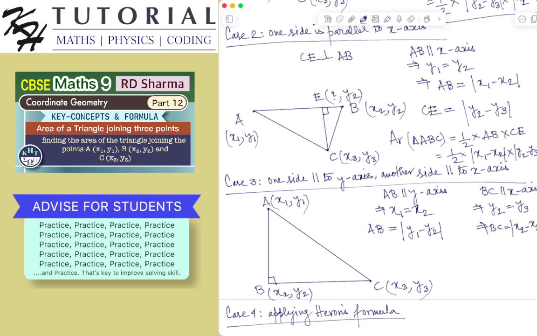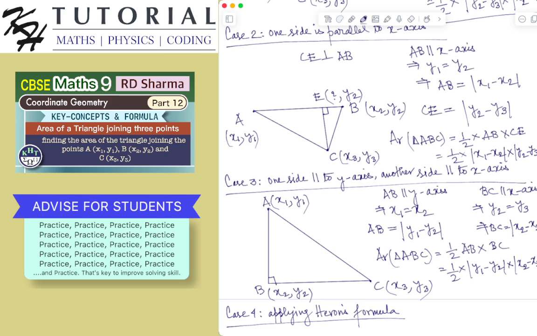So then the area of the triangle ABC will be equal to half into AB into BC, which will be half multiplied by the absolute value of y1 minus y2 multiplied by the absolute value of x2 minus x3. So this was the case when, joining the 3 points, the triangle formed is a right angle triangle, because one side is parallel to the x-axis and another side is parallel to the y-axis.